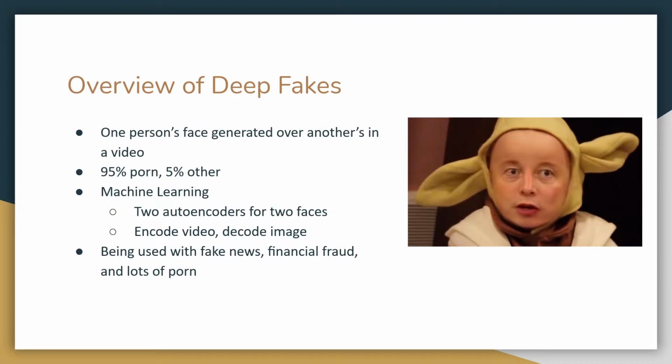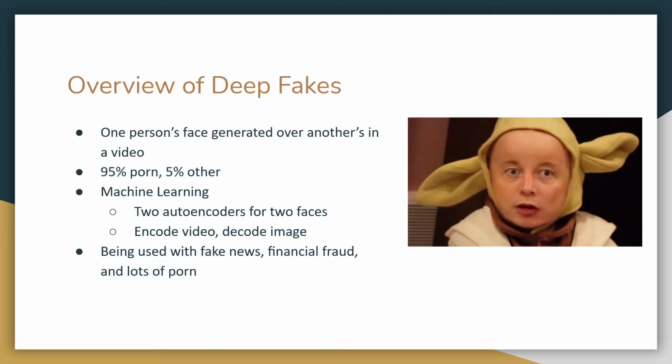Now, I mentioned neural networks. So deepfakes are actually generated using machine learning. One example of an algorithm that generates deepfakes is two autoencoders. So we'll look at one autoencoder at a time. One autoencoder will take a video of a person, and from that video, it will try to generate an image of this person's face.